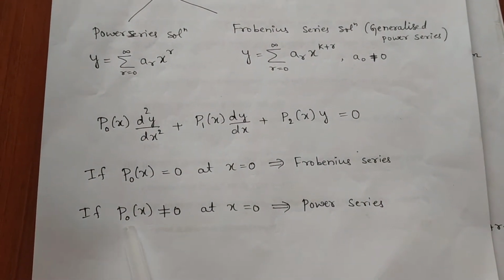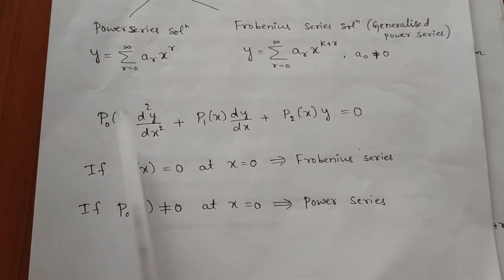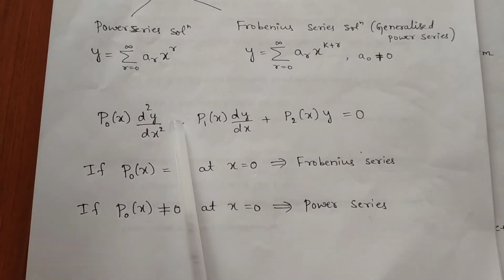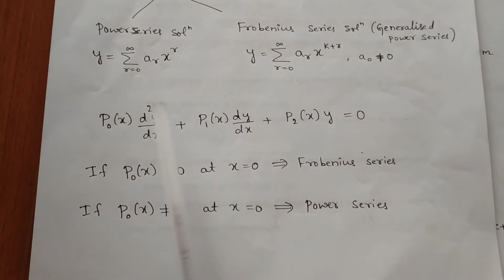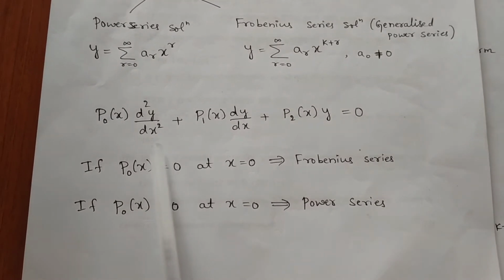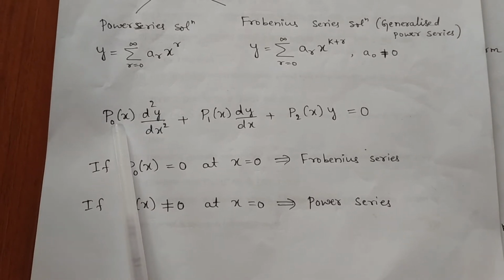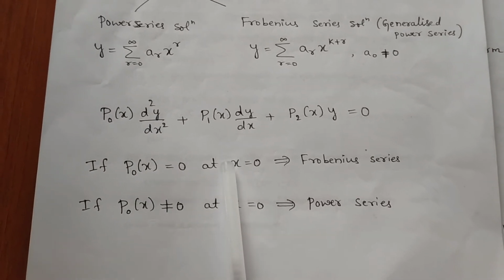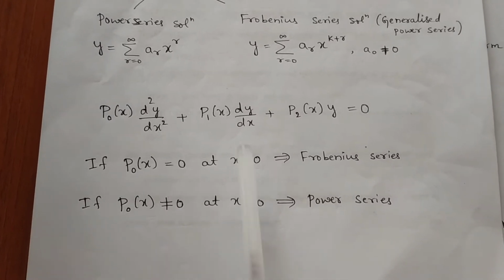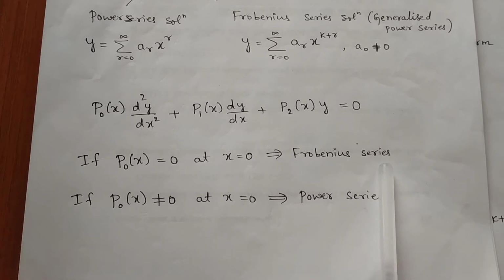Suppose p0 of x is not equal to 0 when you substitute x equal to 0 in this differential equation. This is a general variable coefficient differential equation. When you put x equal to 0 in the coefficient of d square y by dx square, if you get 0, that is p0 of x equal to 0, we use the Frobenius series.